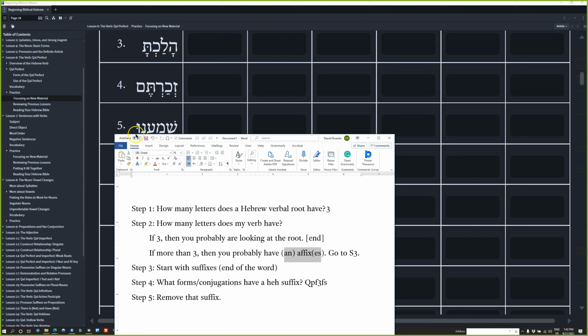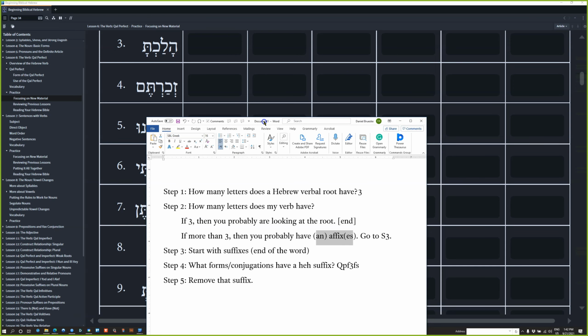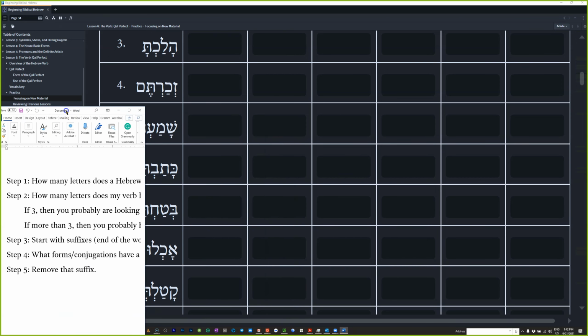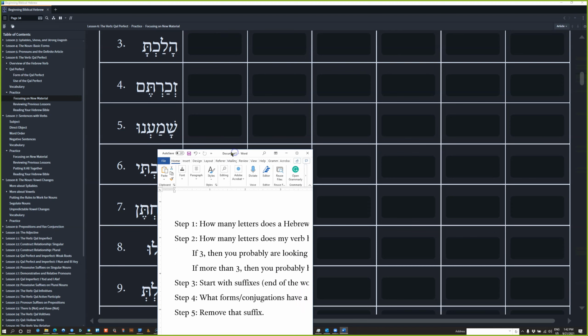And the noon shurik suffix, which is what I have, indicates Qal Perfect 1CP. And now that I've taken the noon shurik off, what I have left is my root, shema. So I always say it's easier to start by looking for your suffix than to start by looking for your root.